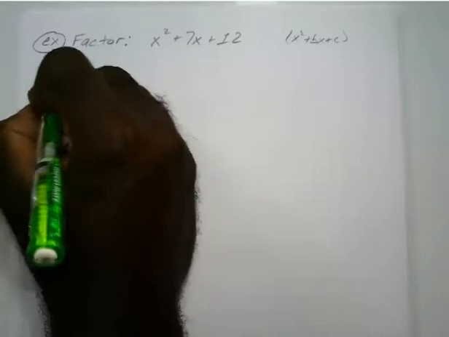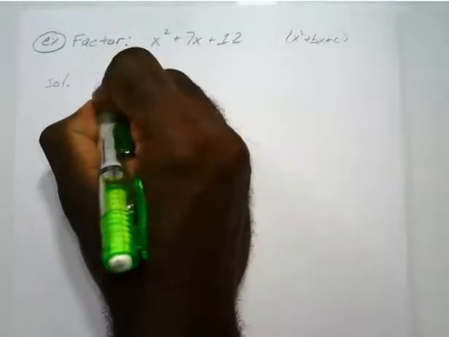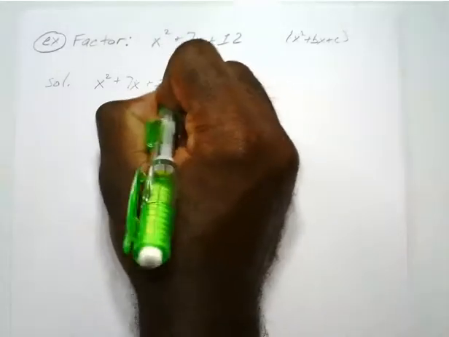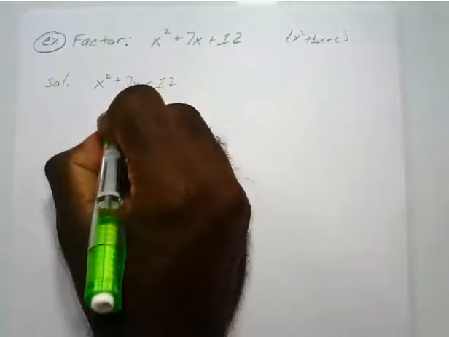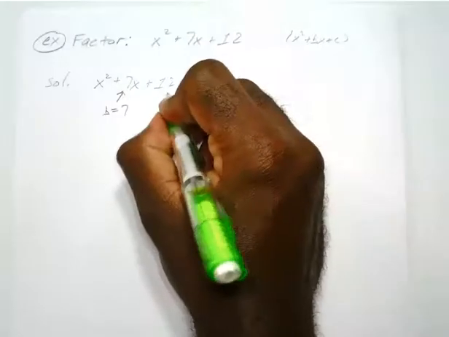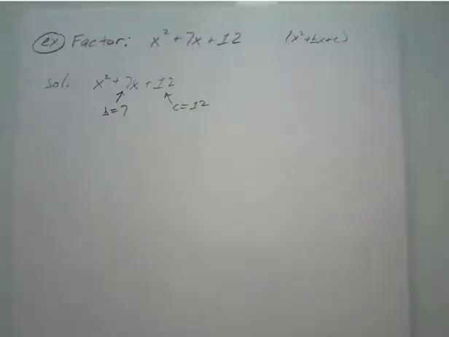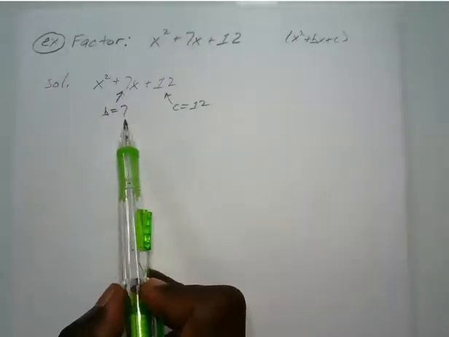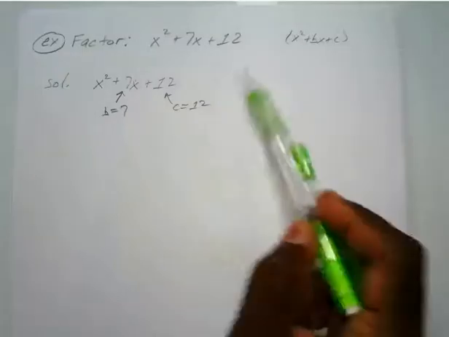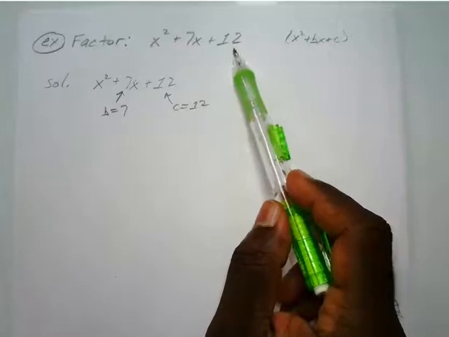I'm going to rewrite it: x squared plus 7x plus 12. Here, your b is equal to 7, and here, your c is equal to 12. That's what we mean by identifying your b and c values. Your b is next to the x, so that's 7, and your c is the value all by itself.